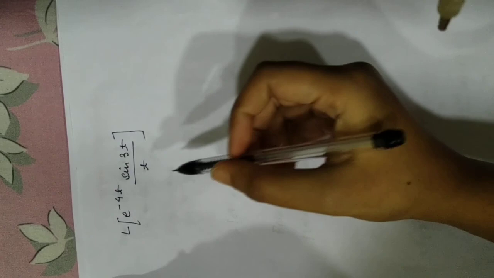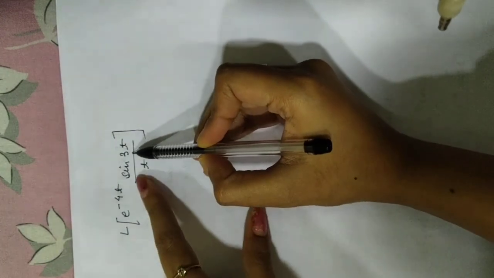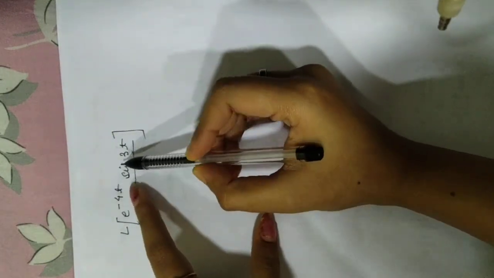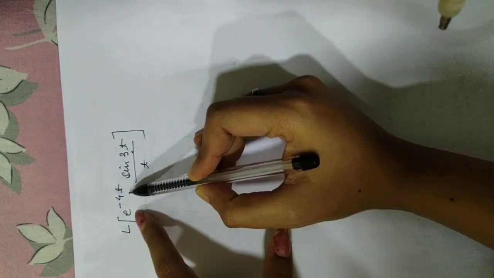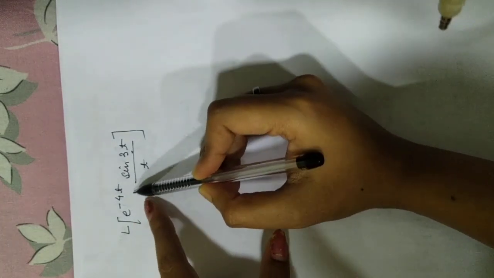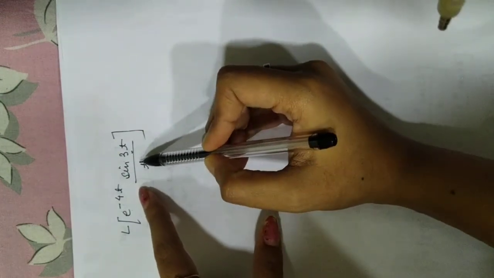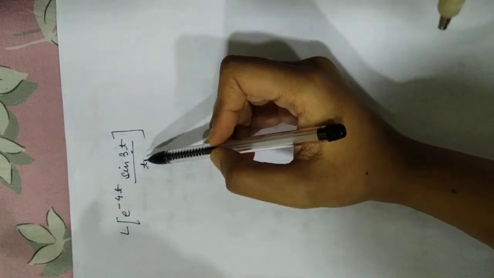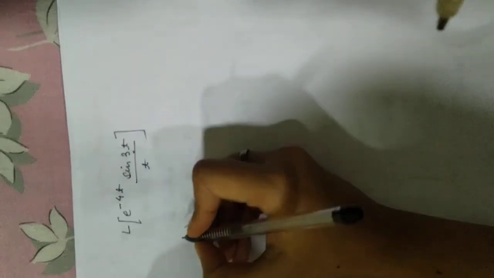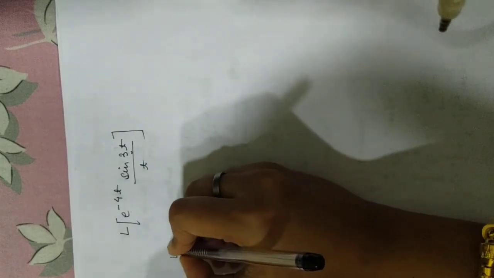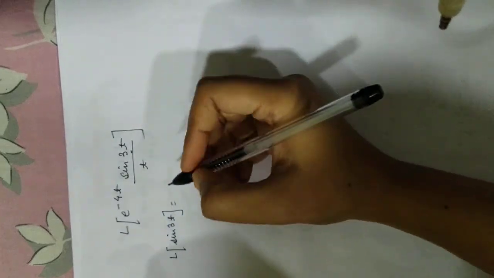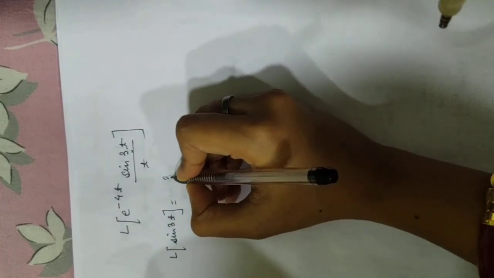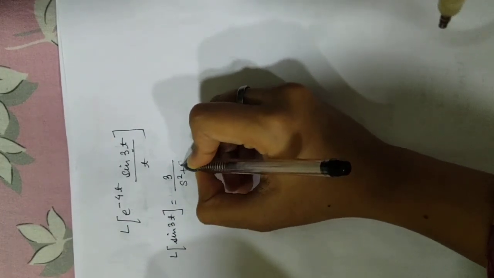We will begin with sine 3t. We know the Laplace transform of sine 3t. Then we will shift it using the shifting theorem because we have e to the power minus 4t multiplied to sine 3t. And after finding that, we will solve it by the previous theorem that we have proved just now, right? So first, Laplace transform of sine 3t is equal to 3 divided by s square plus 9, right?